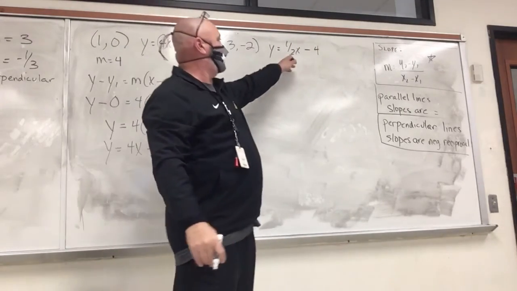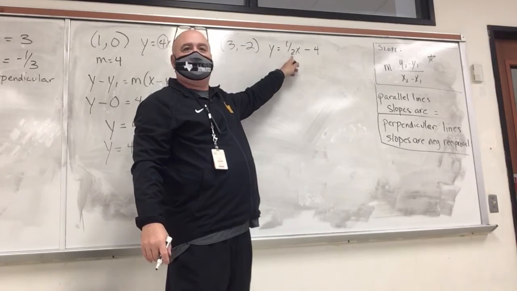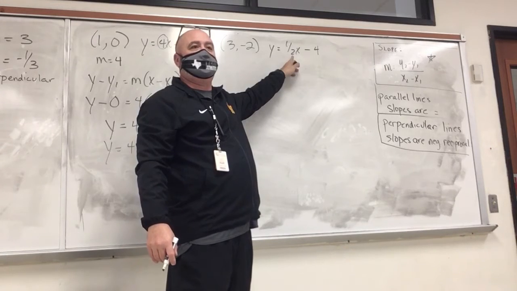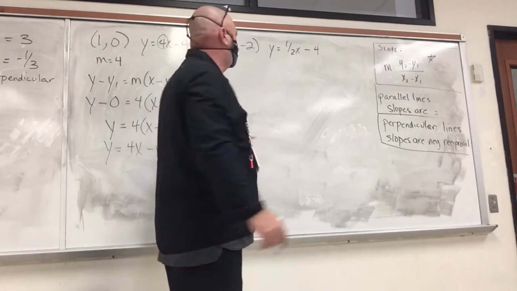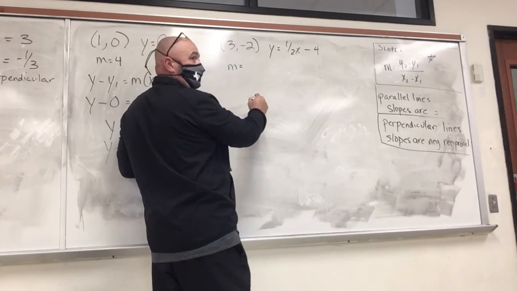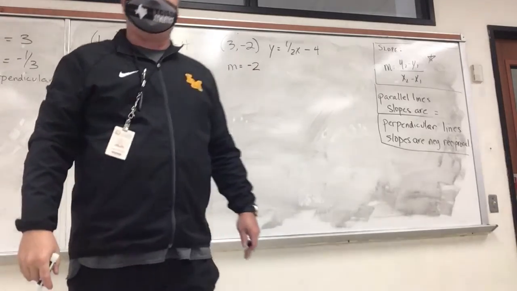So we're gonna have to do something to that slope. What is it? Flip it and change the sign. So if I flip 1/2 and change the sign, I get -2/1, right? Which is just plain old -2. Okay?